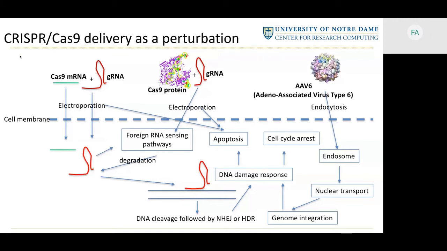And that also will still activate downstream processes in the cell that are independent of the target DNA sequence that you're trying to edit. Another common delivery method is using viral vectors, like AAV6. And this kind of delivery that has been used for other gene therapies also will stimulate some genotoxic events inside of cells. And all of this is going to determine how efficient your genome editing is.